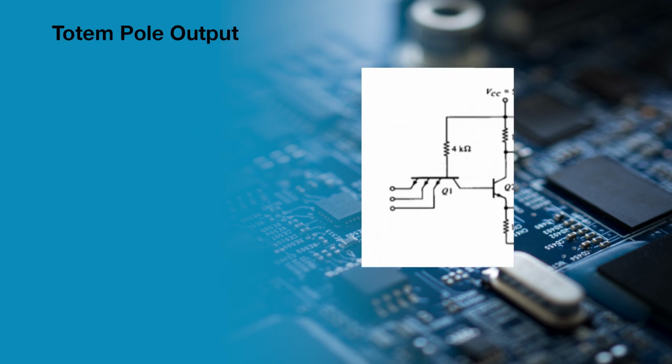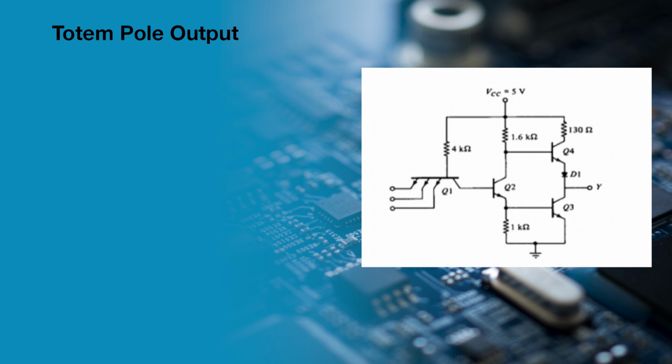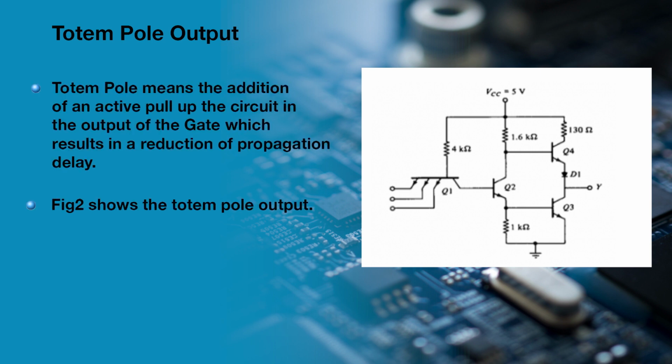system. Now we discuss the totem pole output. In figure 2, we see the totem pole figure. Totem pole means the addition of an active pull-up circuit in the output of the gate, which results in a reduction of propagation delay. The figure 2 shows the totem pole outputs.